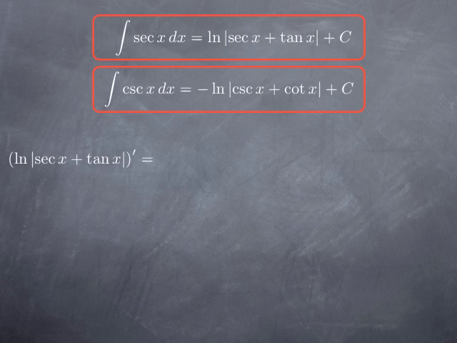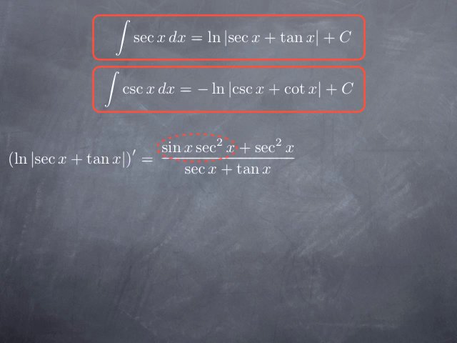We've already verified when we were looking at the natural log that the derivative of natural log of absolute value of x is 1 over x. So just using the chain rule, here we have natural log of absolute value of some function. We're going to get 1 over the function under the absolute value multiplied by the derivative of that function. In other words, we get 1 over secant x plus tangent x, and then on top we have the derivative of secant x plus tangent x.